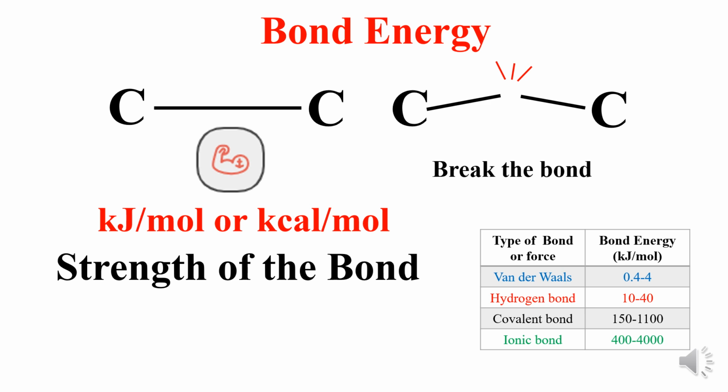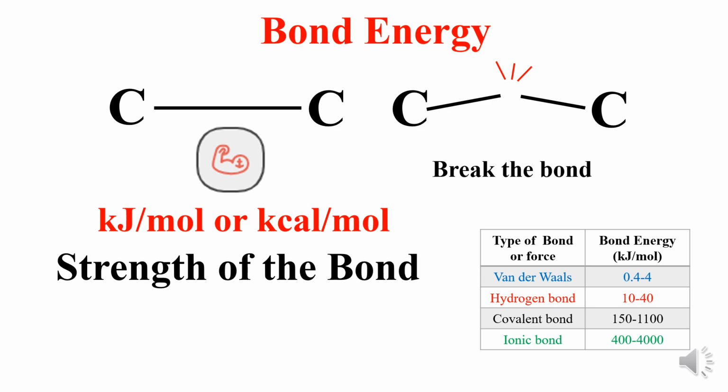Here's a table depicting the bond energy values of different types of bonds. In case of van der Waals forces, the bond energy value ranges from 0.4 to 4 kilojoules per mole. In case of hydrogen bond, the bond energy values range from 10 to 40 kilojoules per mole.